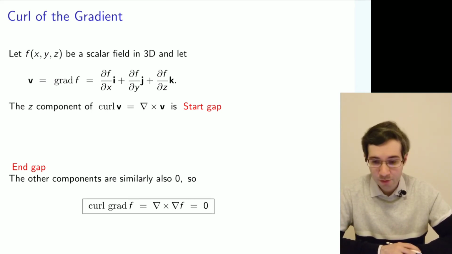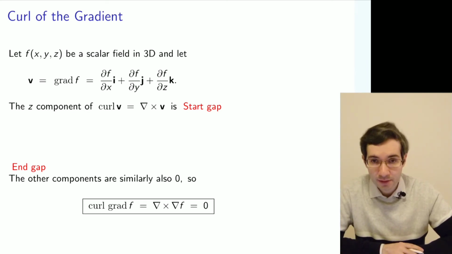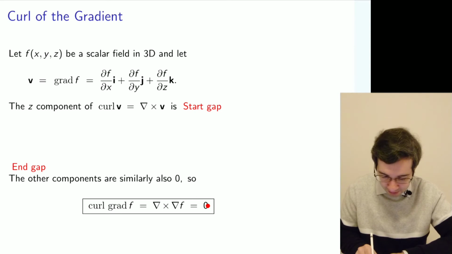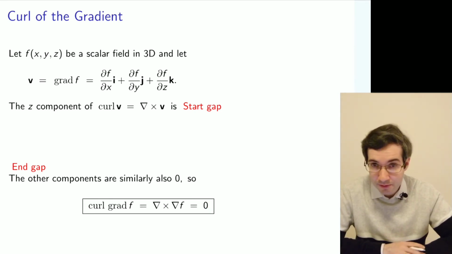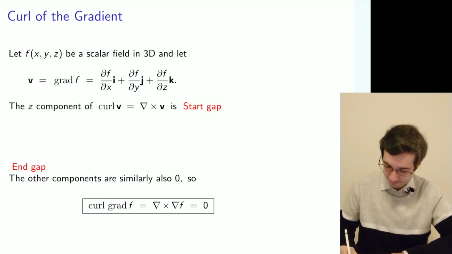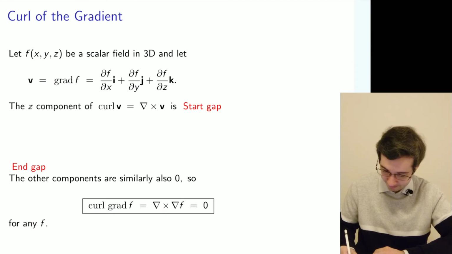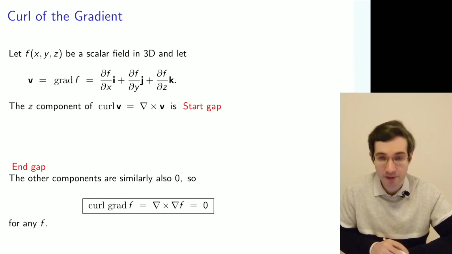This is what you can also call a second order differential operation, because you apply derivatives twice, but the result of it is 0. And you can think of why that is 0, and I leave it for you as an exercise, but please consider discussing this in Piazza. So what is the geometric meaning of that? And as I said, it's true for any scalar field for which you can apply the gradient.